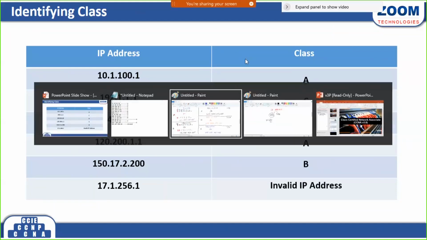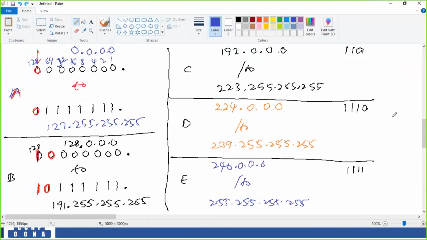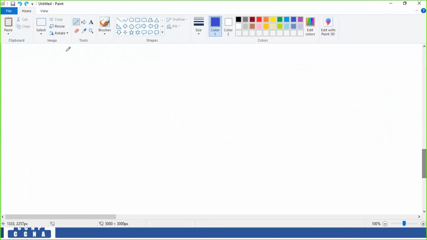Okay, so the next topic is IPv4. Here we have a few devices: device 1, device 2, device 3, 4, 5, 6. All 6 devices are interconnected with a switch using RJ45 cables. What do we call this?